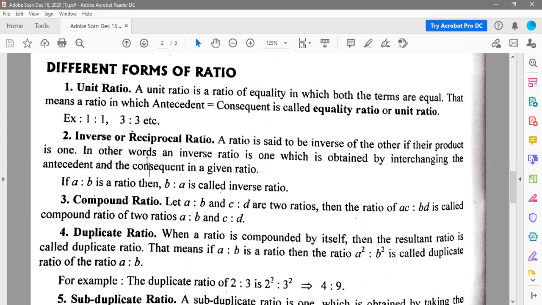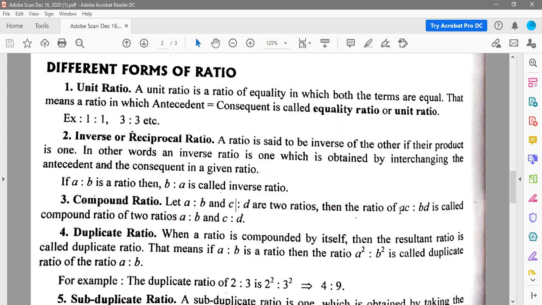Then compound ratio. Compound ratio means when you have more than one ratio and we use both of them to solve it. Now here we have a is to b and c is to d. These are two ratios that we have. Out of these two ratios, we multiply the first terms, that is a into c, and we multiply the second terms, that is the consequents b and d.